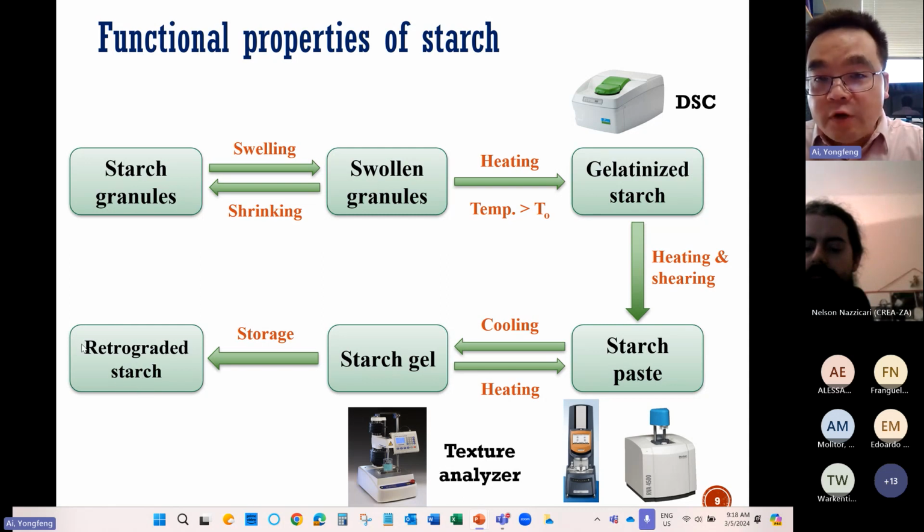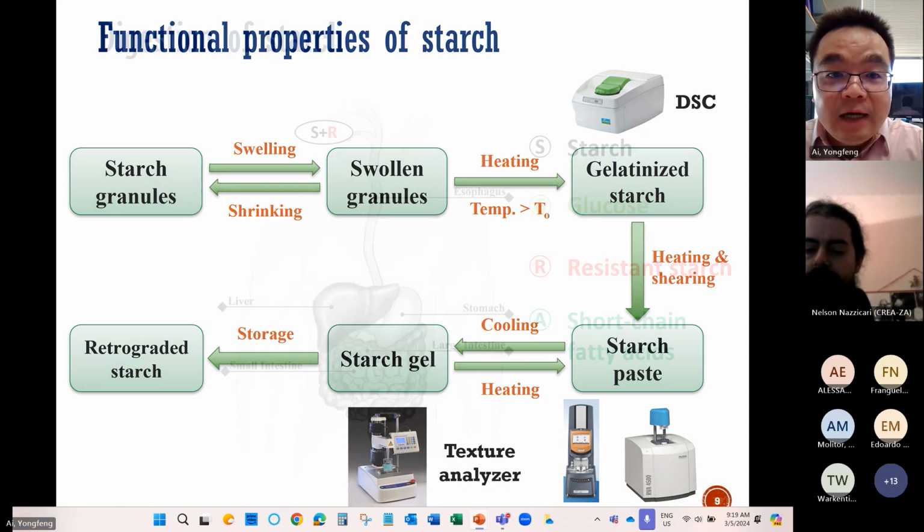So you will see the separation of the water from the solid, and retrogradation is also partially responsible for the staling of bread. So most of the time for food application, we want to control the starch retrogradation. I hope this slide gives you some idea regarding how we study starch as a very fascinating polysaccharide.